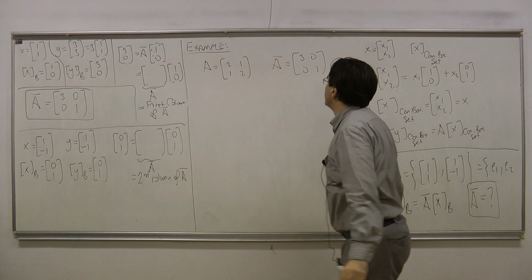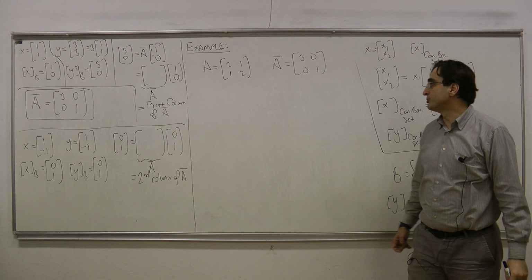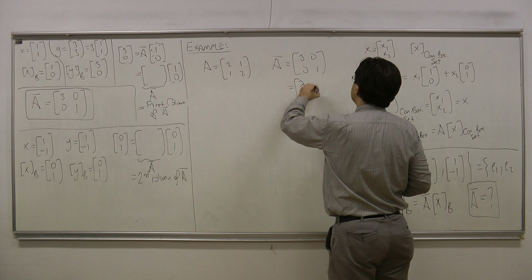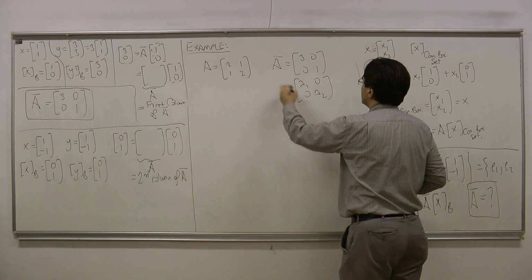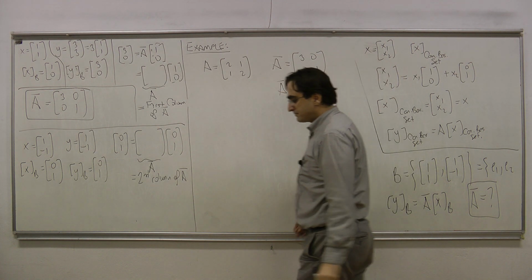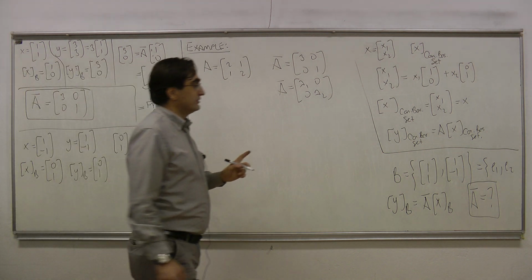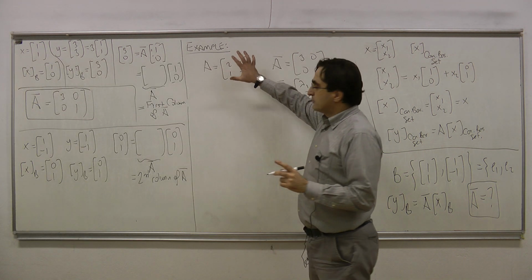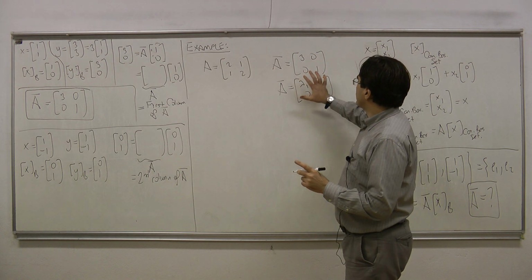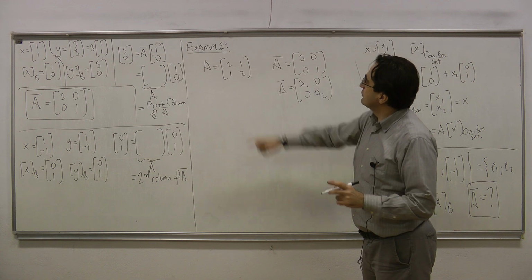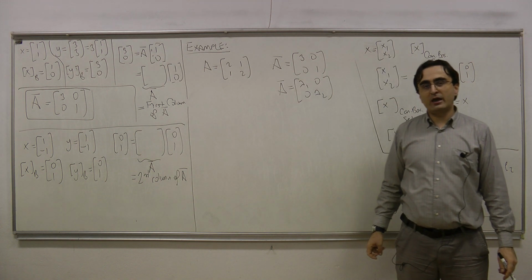When we change the basis, we obtain just this. And I know that this is lambda 1 and lambda 2. So in this case, we have a diagonal simple representation. Our initial matrix was more complicated, and our simple representation has more zeros than A itself.